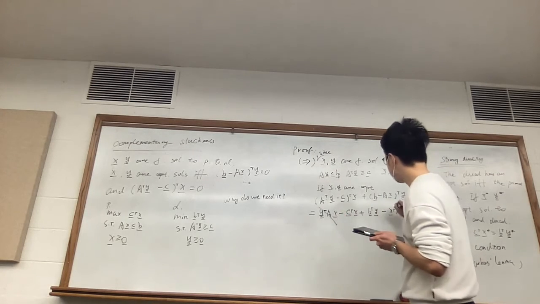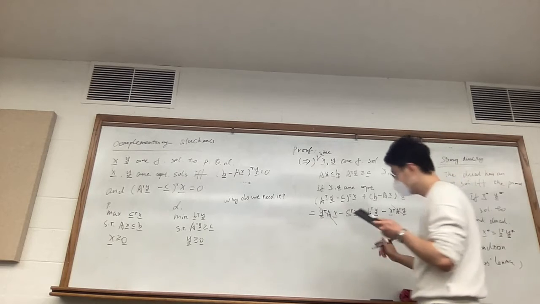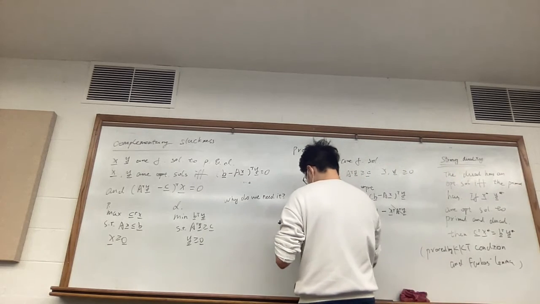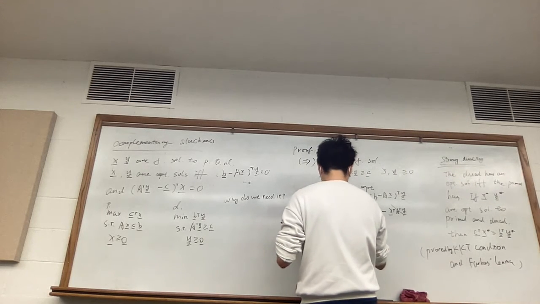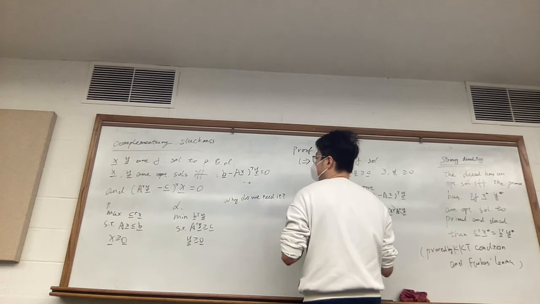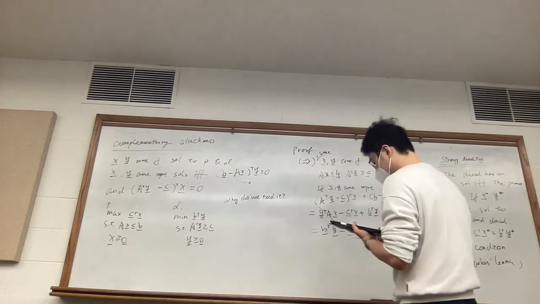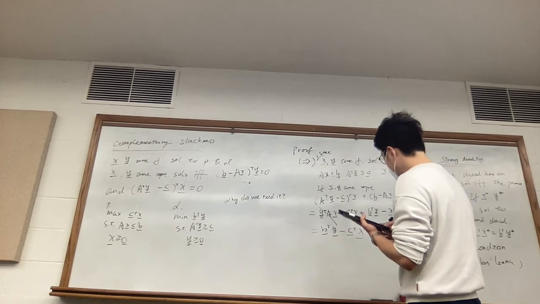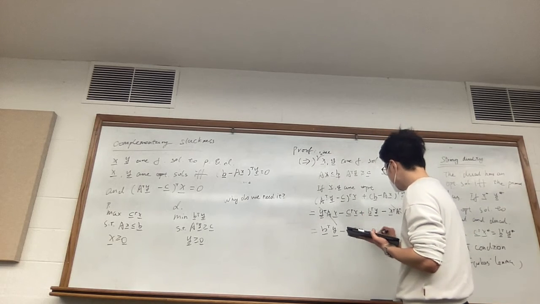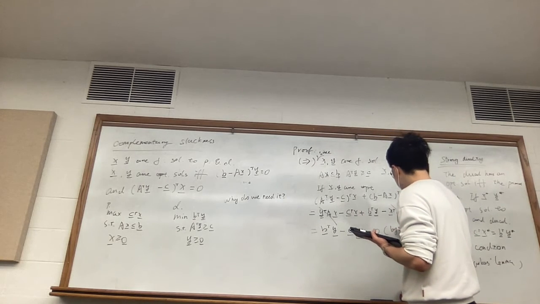We see that these two terms cancel each other, and we have b transpose y minus c transpose x. So this equals 0, by strong duality.